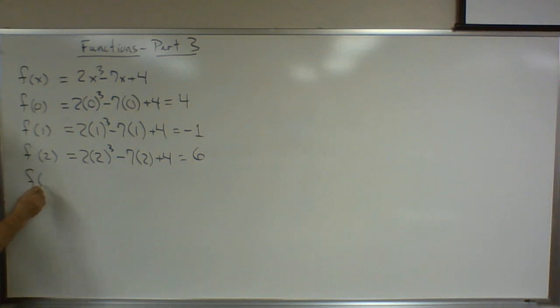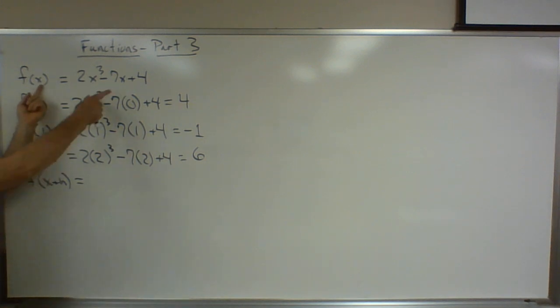Now let's try some things that are kind of tricky, but not really. We did this a little bit in the last lecture. Here we have f evaluated at x plus h, whatever h is. So x plus h is playing the role down here that x plays up here in our model.